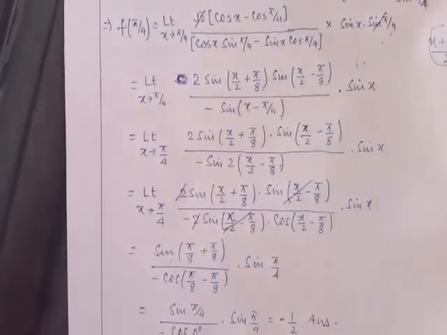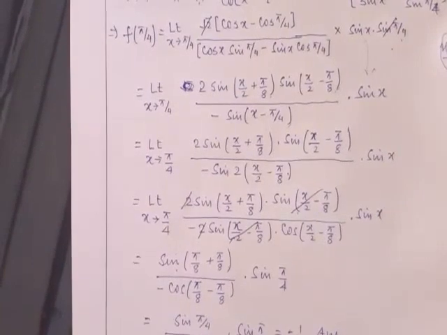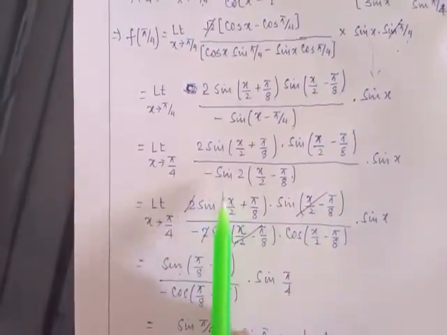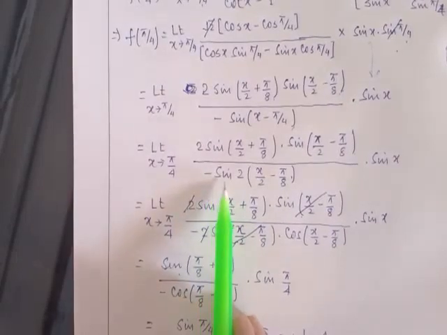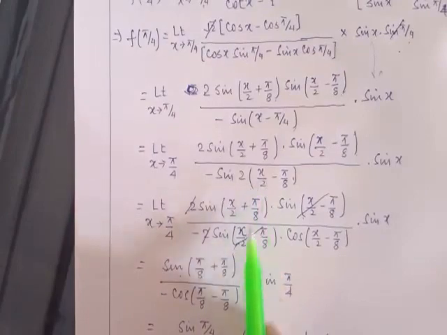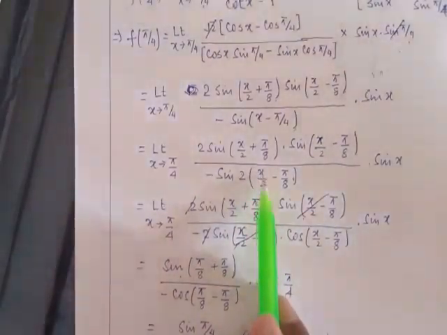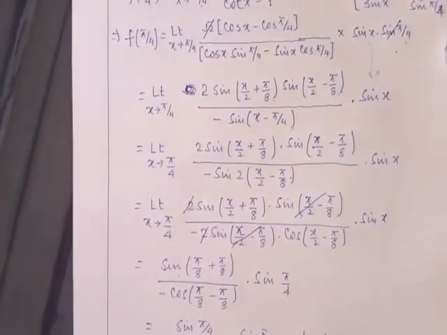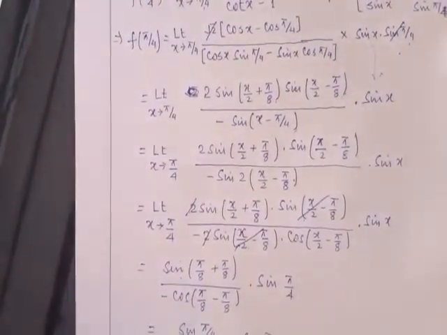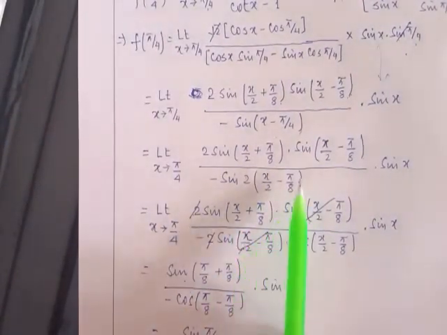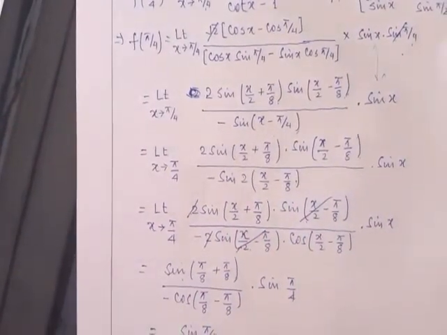So in the denominator apply sin 2 theta. The numerator is the same and the denominator should be 2 sin theta into cos theta. So theta becomes now x by 2 minus pi by 8. So 2 sin theta into cos theta.